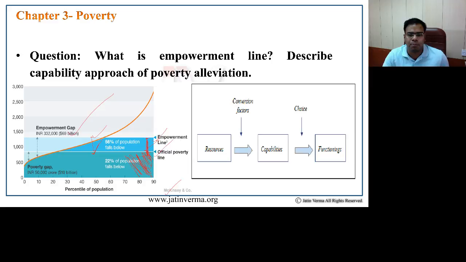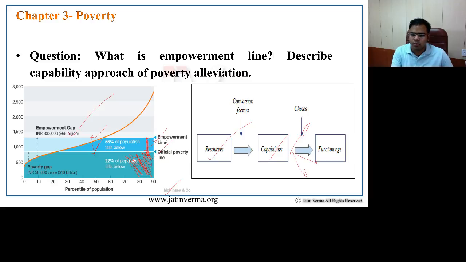The capability approach basically talks about providing resources to the individual so that he or she is able to develop capabilities and make choices, increasing the choice.